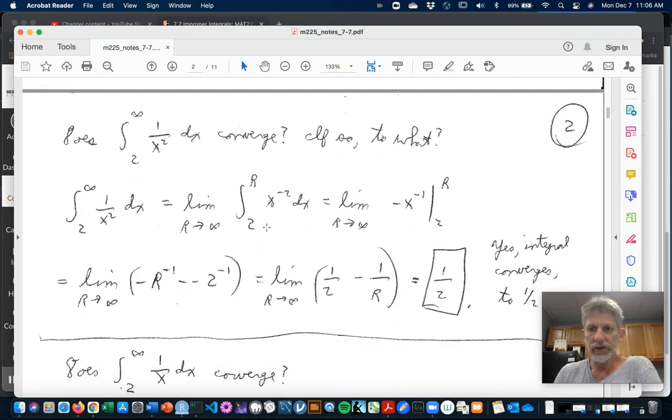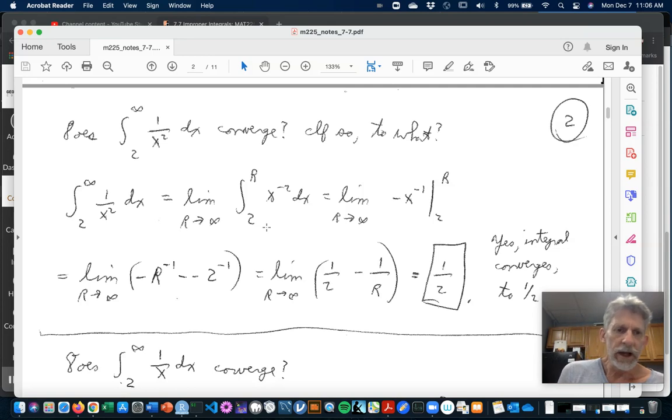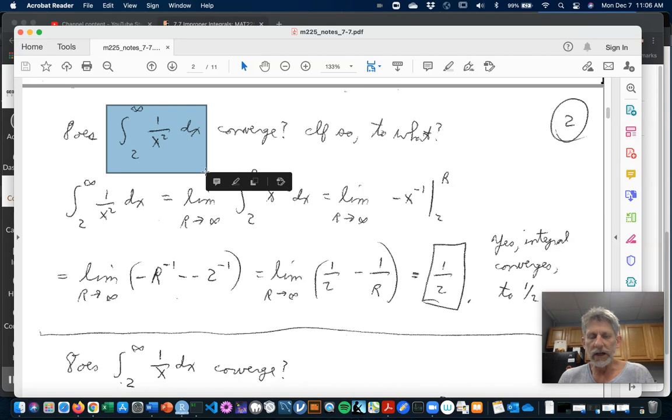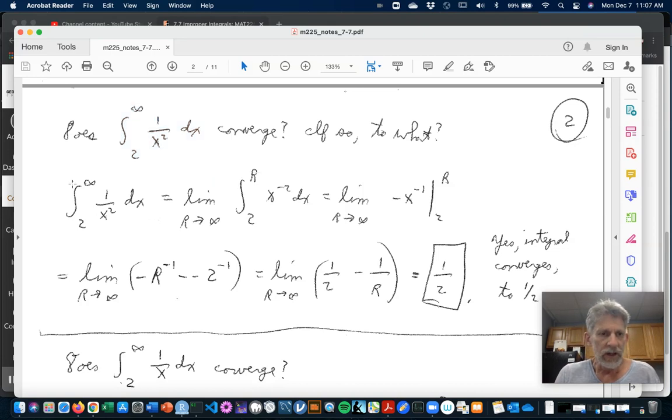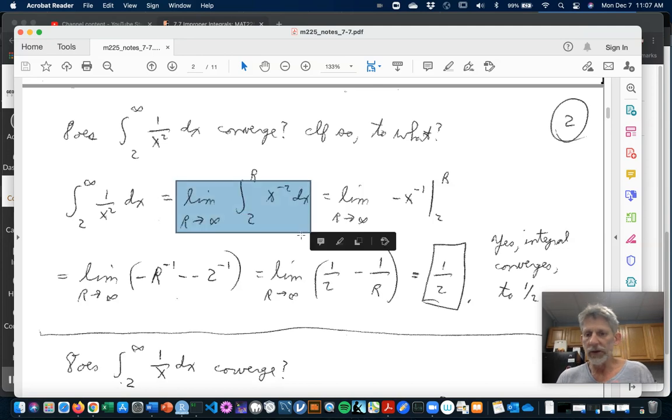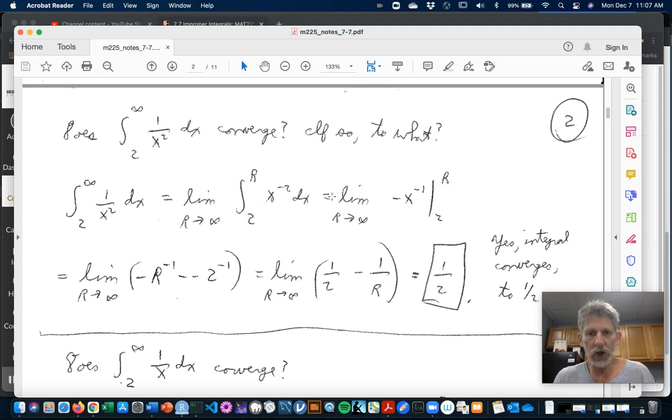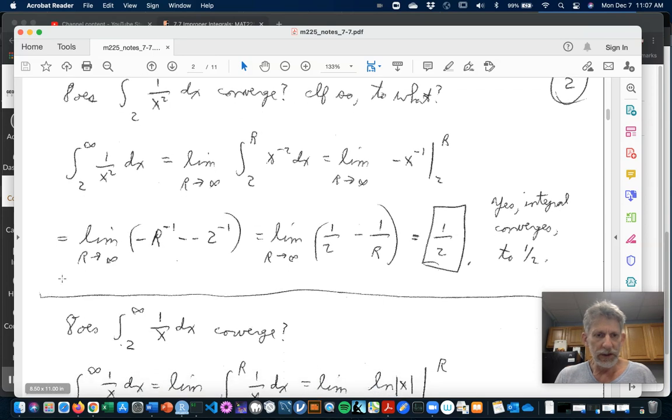Okay, let's try another example. How about the integral from 2 to infinity of 1 over x squared? Does this converge, and if so, to what? So trying the same thing, take the limit as r goes to infinity of the integral from 2 to r, antiderivative here of x to the negative 2, evaluate from 2 to r. You get this expression. It's good to take a moment to simplify that.